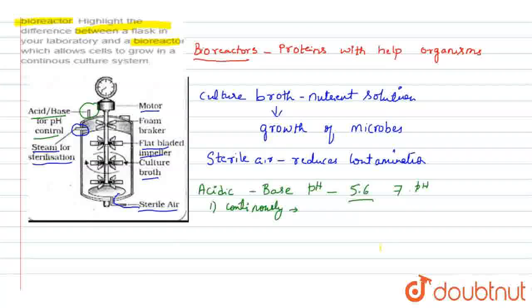There is a downstream process, that is removal of the finished product, the proteins or enzymes. It is continuous because we also have an outlet here, so we are downstreaming the protein and enzyme removal. And there is no need of re-inoculation again and again, since the process is done in a controlled and sterilized manner.